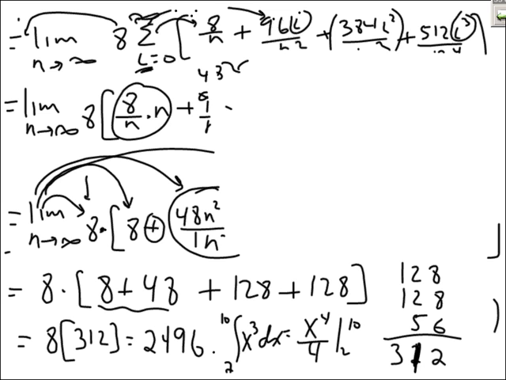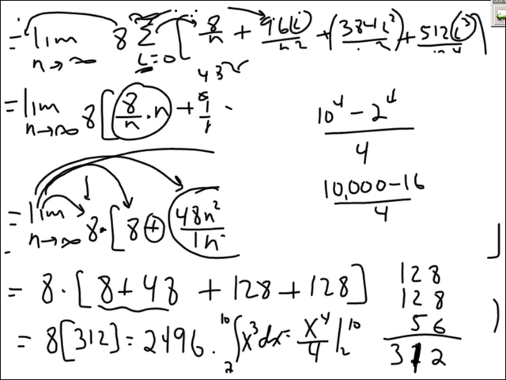Okay, so we get 10 to the 4th minus 2 to the 4th, all over 4. 10 to the 4th is 10,000, minus 16, over 4. Well, 10,000 over 4 is 2,500, minus 4 is 2496. Yeah, that's the answer. No silly error.